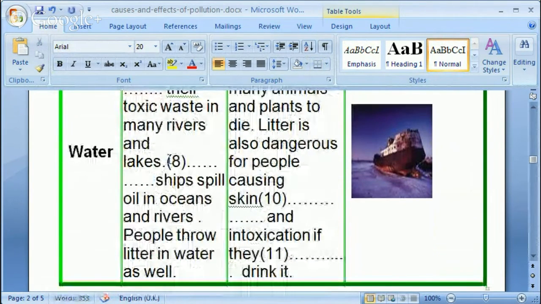Number 8, blank ships spill oil in oceans and rivers. Blank ships spill oil. Ships is the noun, spill is the verb, oil is the subject noun, and then another prepositional phrase. So ahead of ships has to be some kind of a type of word that can modify a noun.